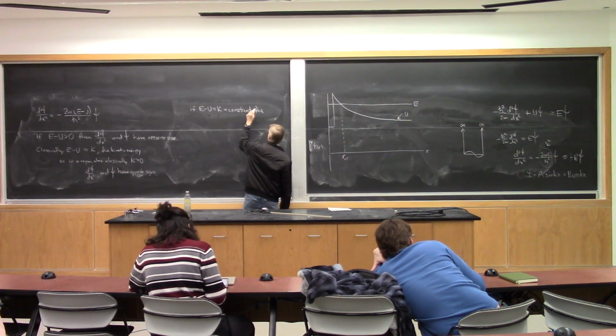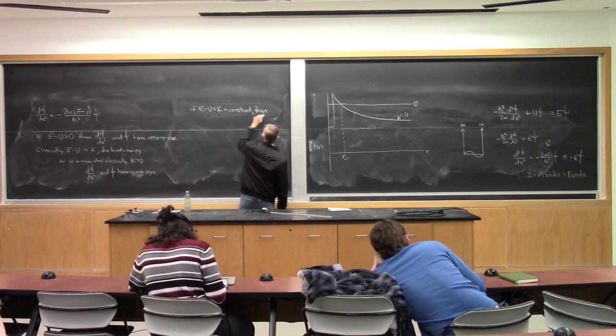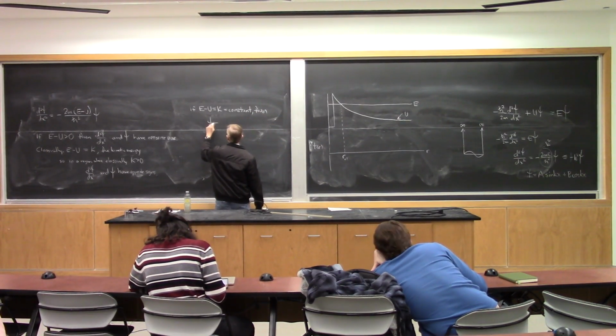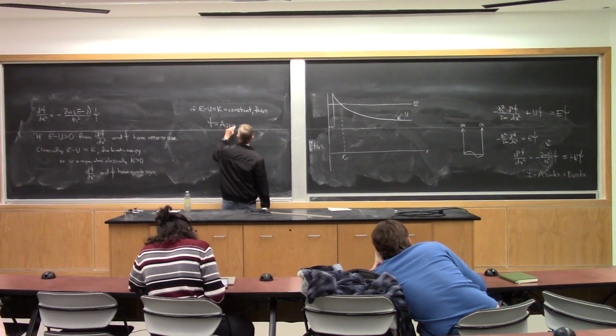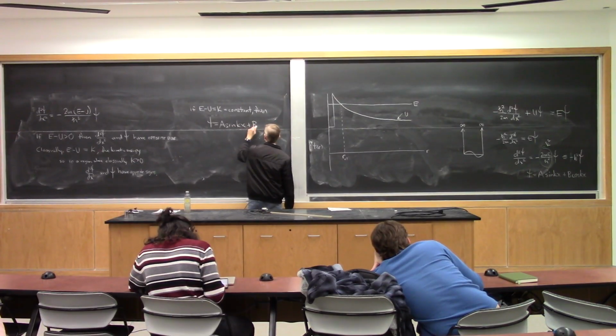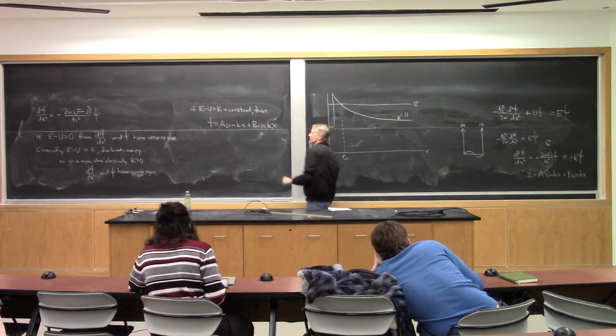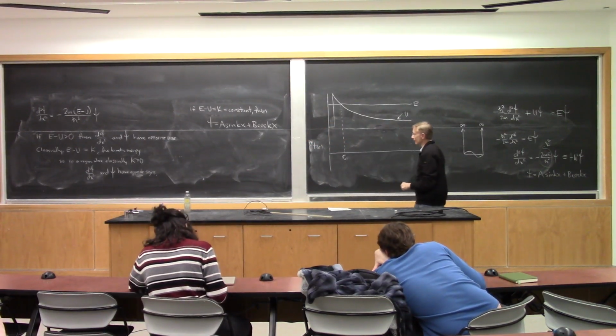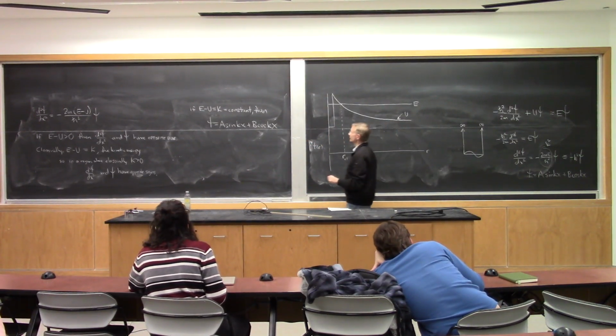If E minus U equals K, the classical kinetic energy, is constant, then psi will be what we had before, some combination A sine kx plus B cosine kx, or I could also use complex exponentials e to the ikx and e to the minus ikx, but I'll keep it real here.